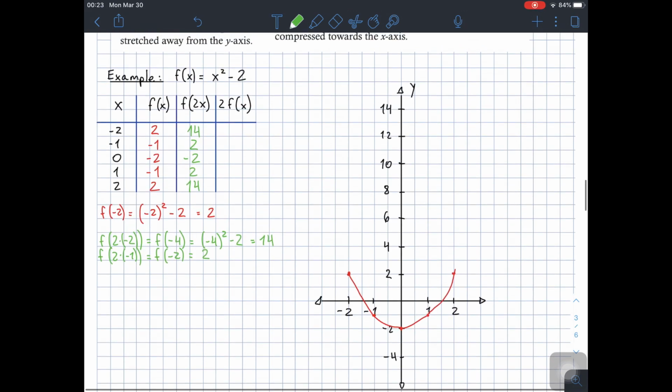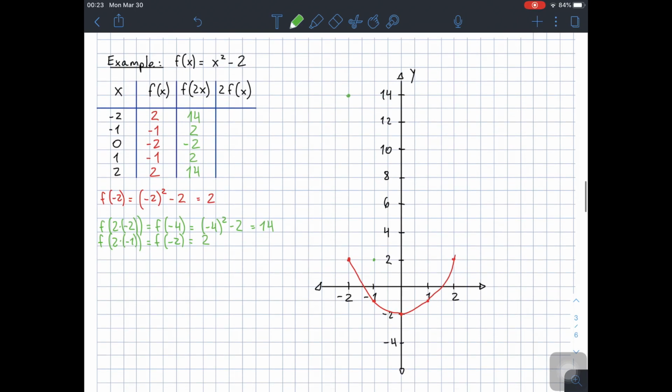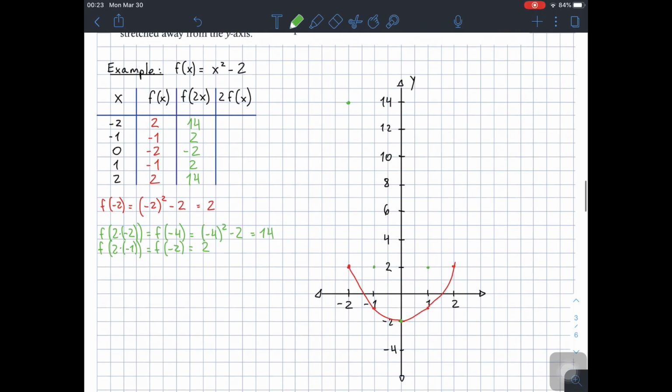So we're going to plot these points, and we're going to see what happens. So for -2, we're at 14. For -1, we're at 2. For 0, we're at -2. For 1, we're at 2. Here.